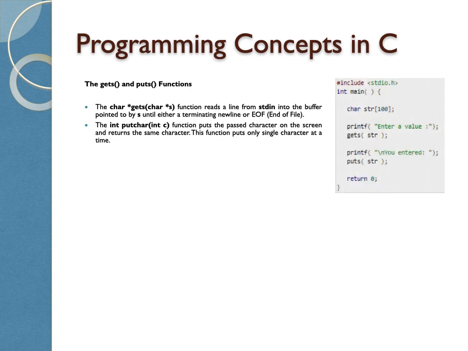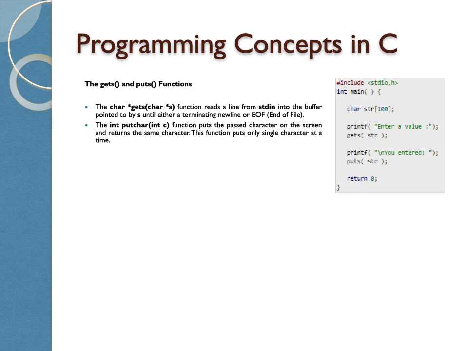Look at the program. In this program, a variable str of type character is defined as an array. Now just read this statement: char str, and in square brackets it is written 100. It simply means that it is a variable named str of type character, and it is capable of storing 100 elements.